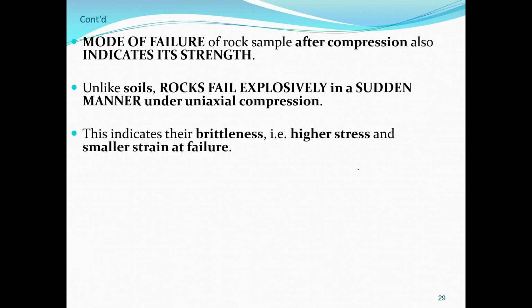And then when you do this testing, you are able to see the mode of failure after compressive strength. Unlike soils, the failure of rock normally is sudden and explosive, and indicates the brittleness of this material.